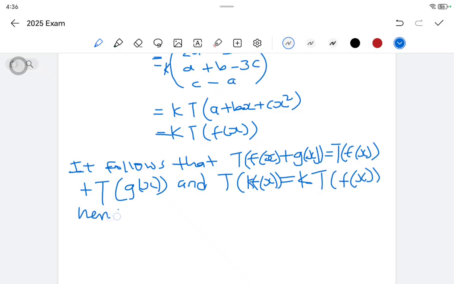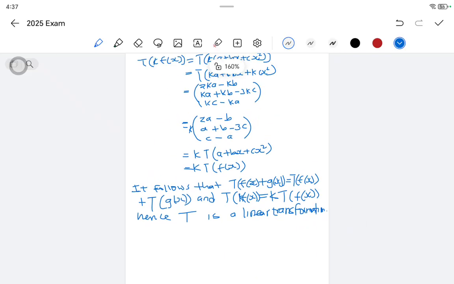Hence, T is a linear transformation. You see, right? Then you are done with this question.